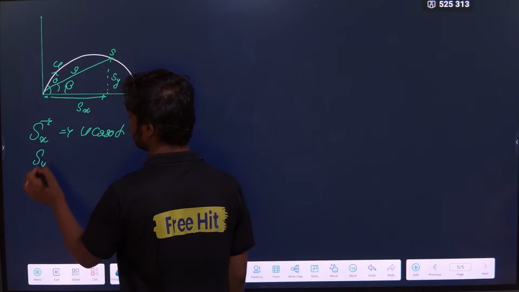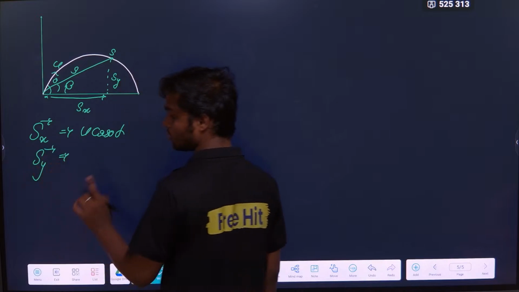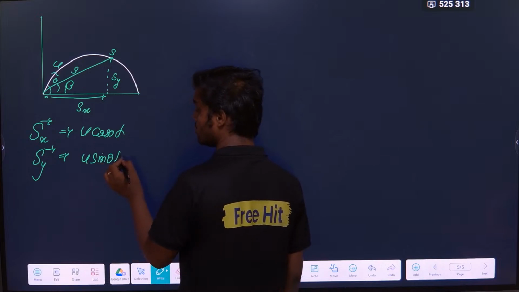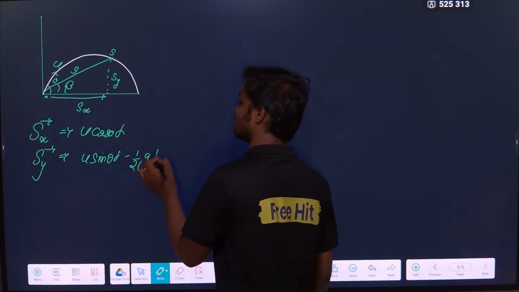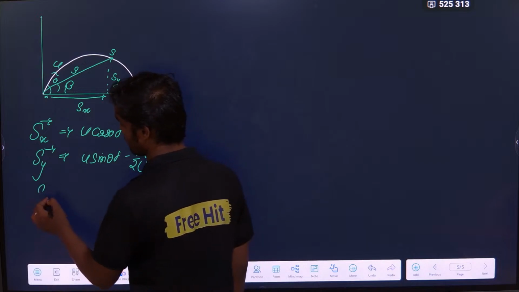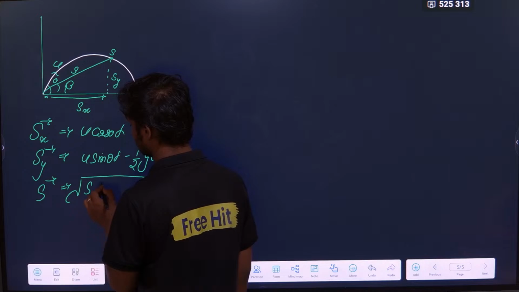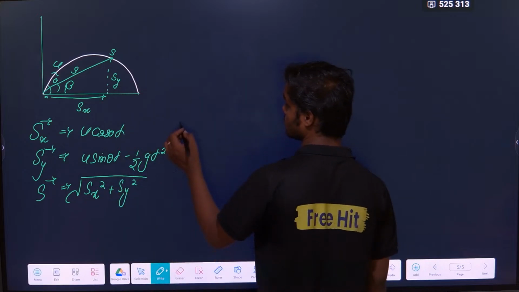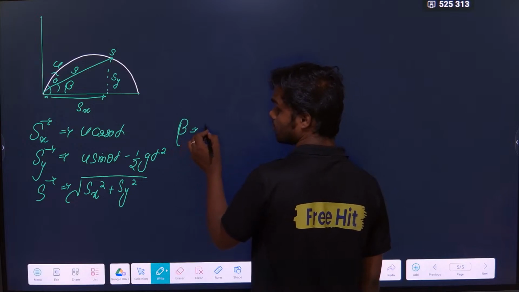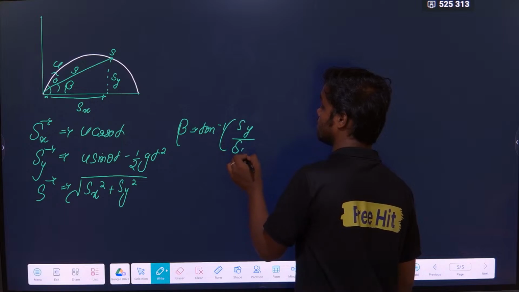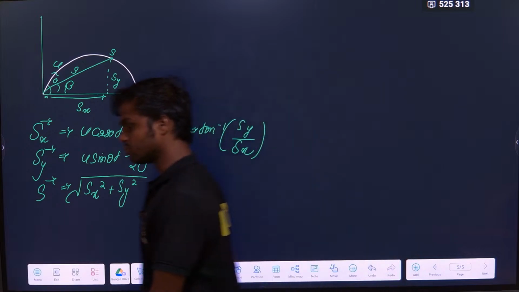Now what is sy? You have to apply the formula u sin theta into t minus half g t square. What is the s vector? S vector is the square root of sx square plus sy square, correct? And beta, if I ask you, is equal to sy by sx, correct?